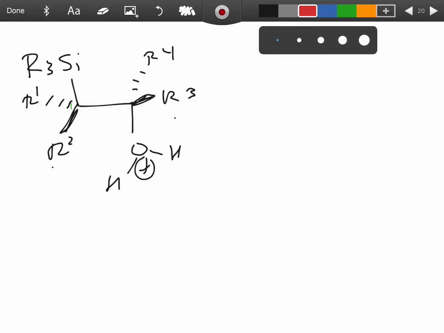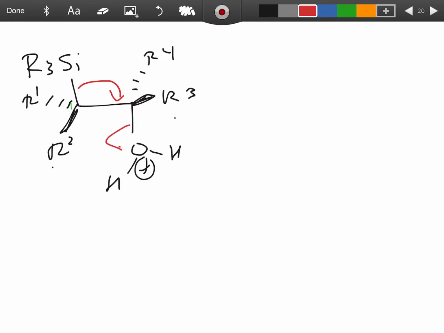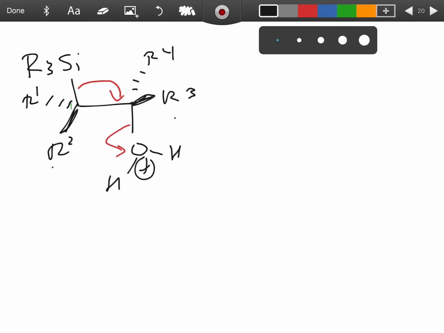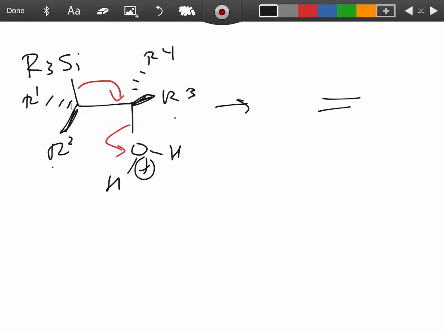And now these electrons can come down and push the water molecule off the molecule, and that's going to make our double bond. And since I rotated around, now I have again R2 and R3 on the same side, R4 and R1 on the same side.